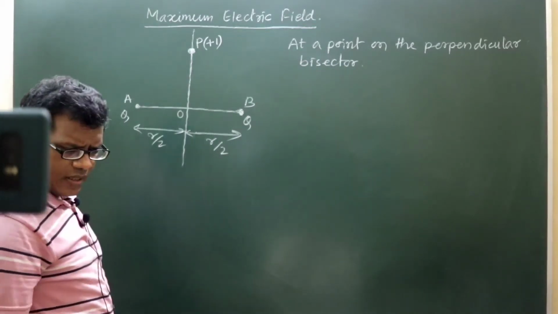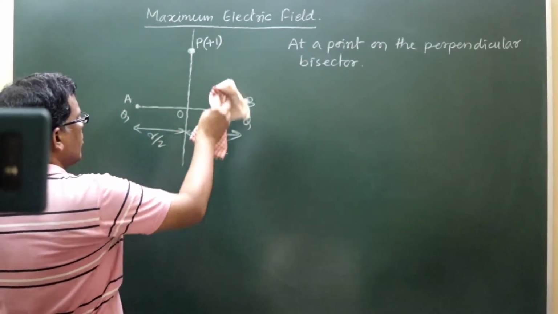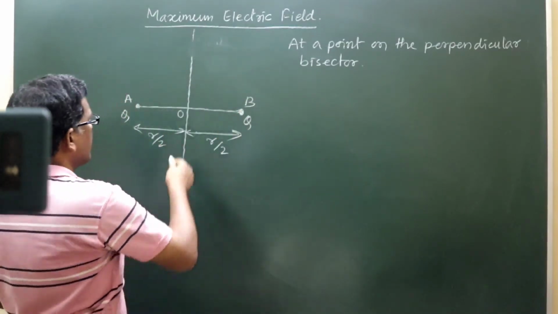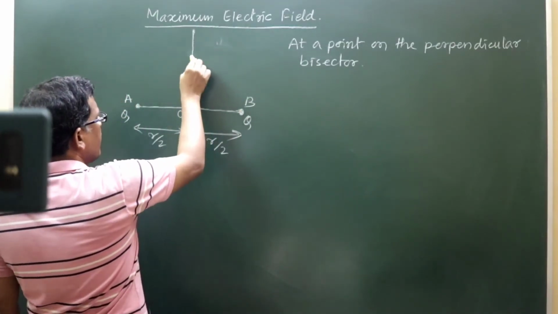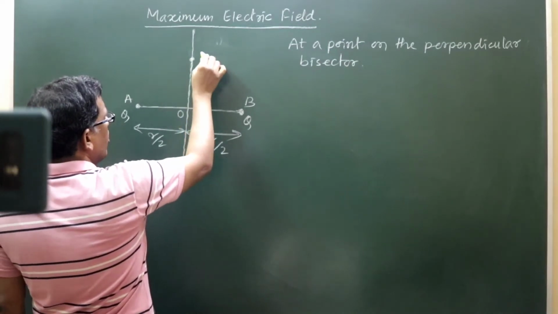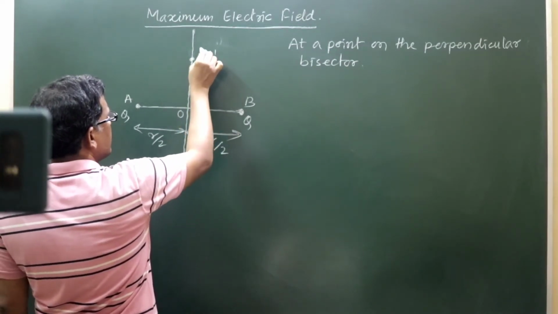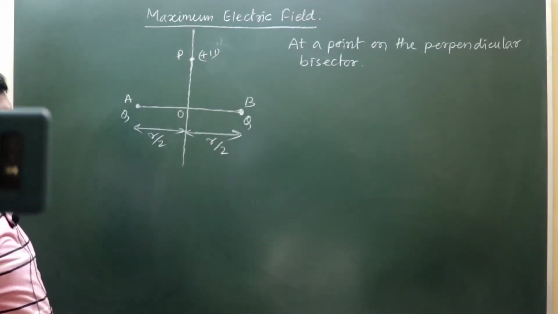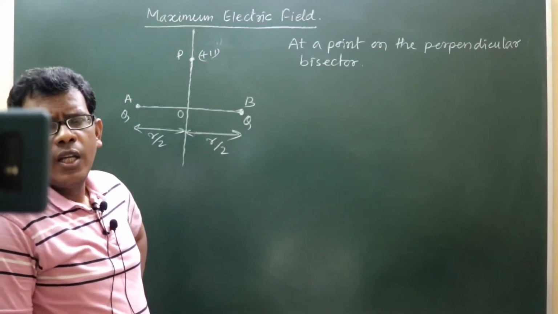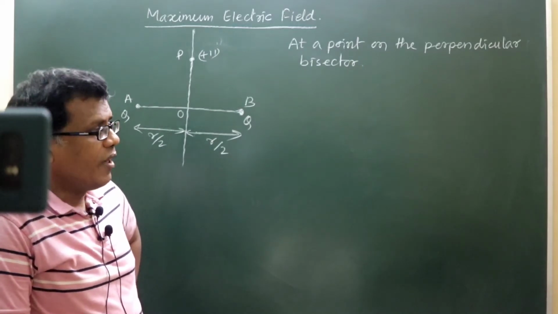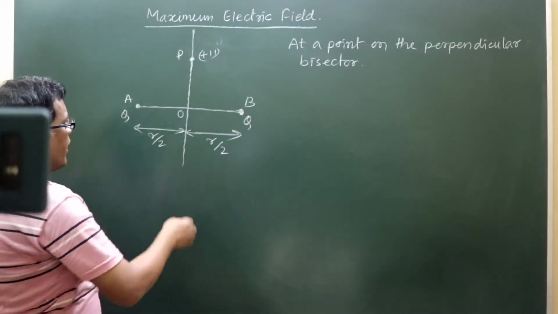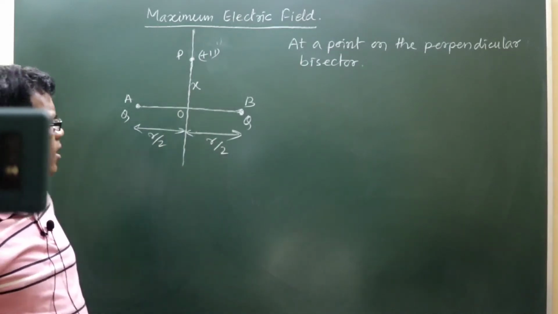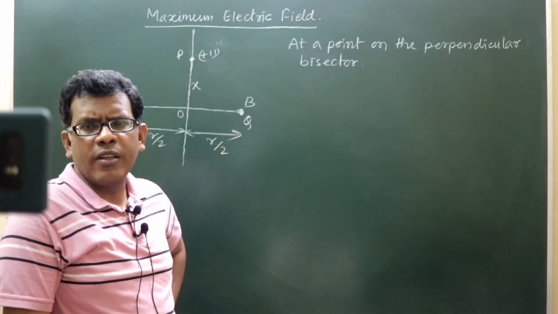As I said, electric field strength calculation is the discussion of force on a +1 charge, right? The electric field value will always be the force on a +1 test charge. So if this is the point P where we will be discussing the electric field, let it be at a distance x from the midpoint O of the given charges.